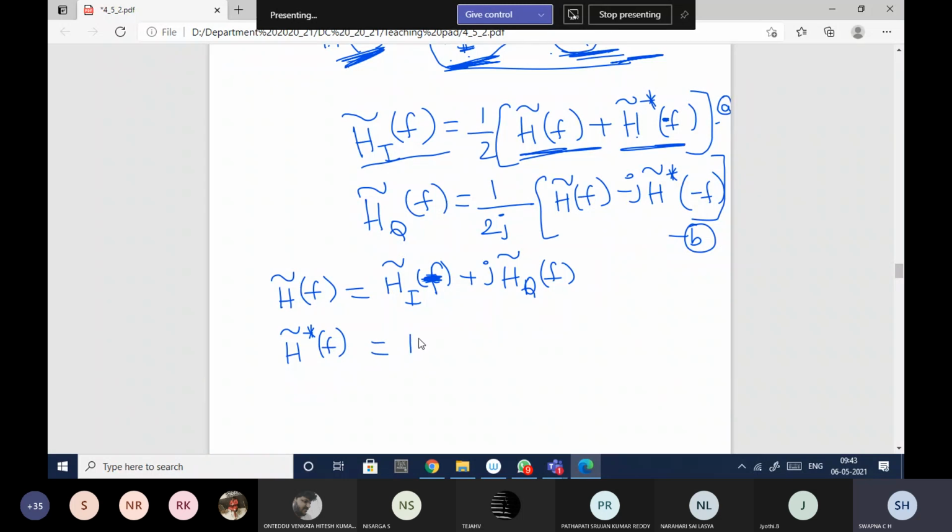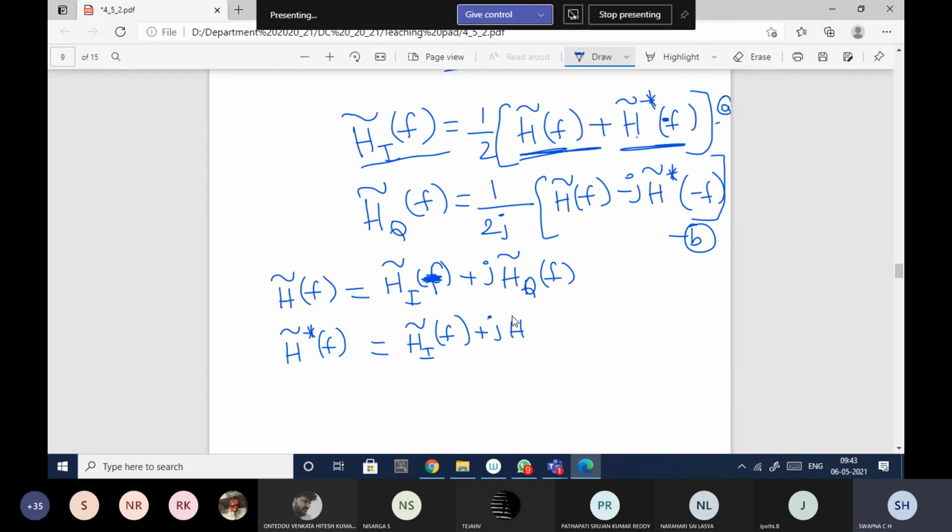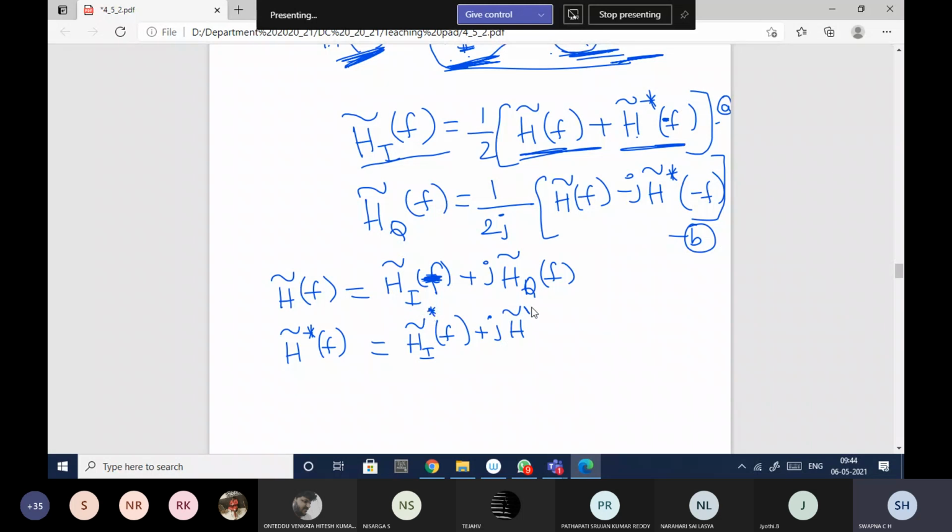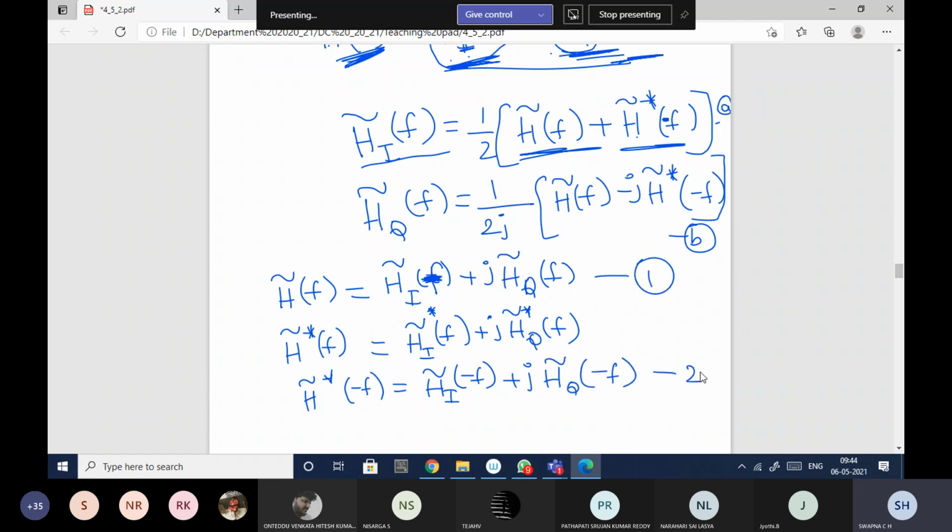Now I want it for minus f, not for plus f. So it will be equal to H_I tilde of minus f minus j H_Q tilde of minus f. This I'll take as equation 1 and this I'll take as equation 2.